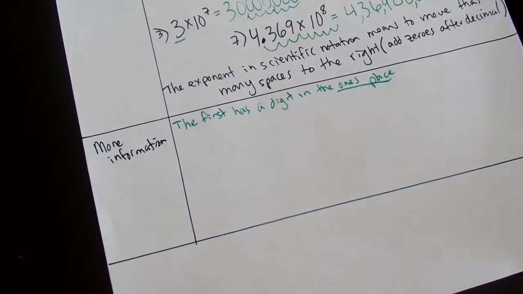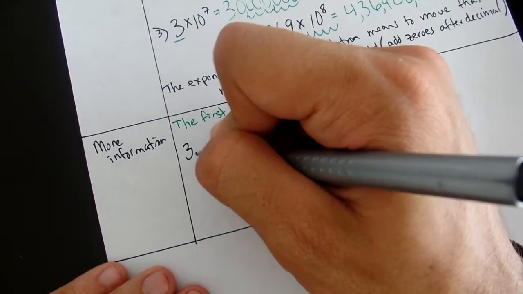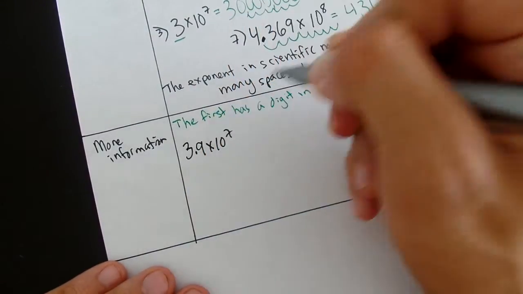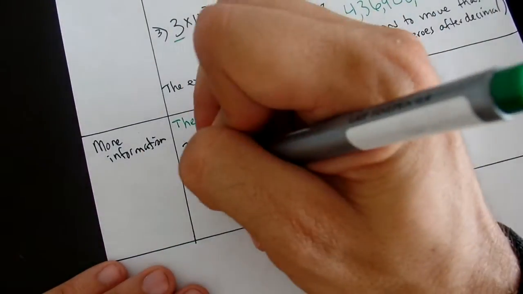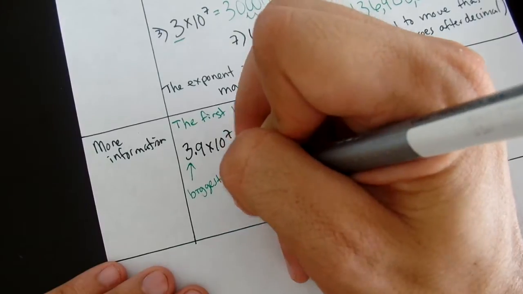So what I mean by that, if we look at our examples from above, 3.9 times 10 to the 7, biggest place is in the ones.